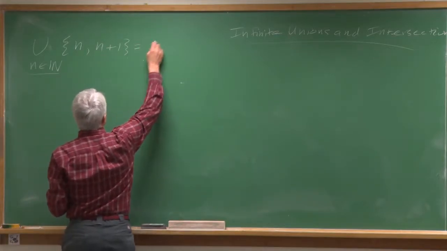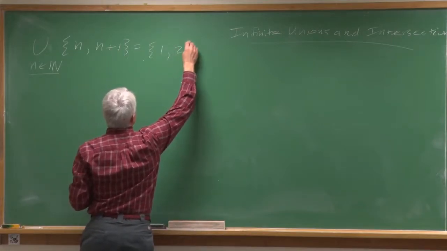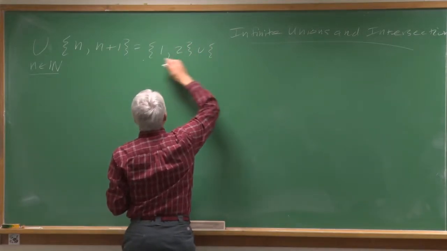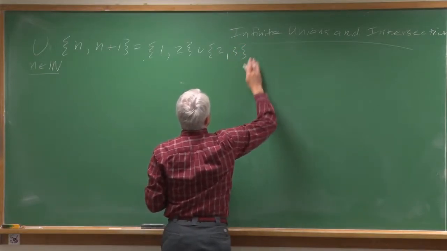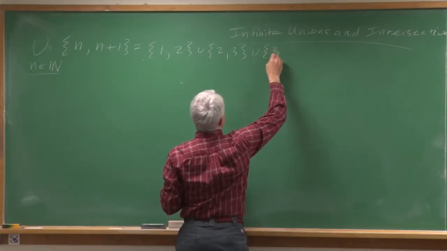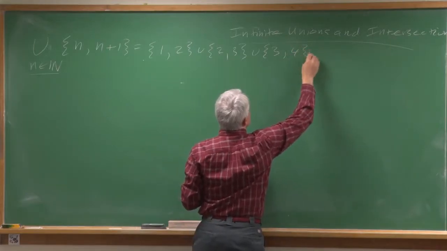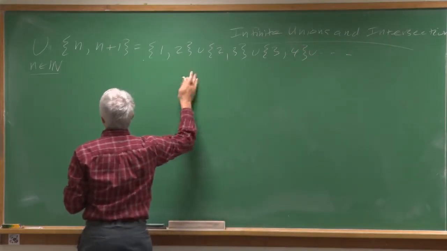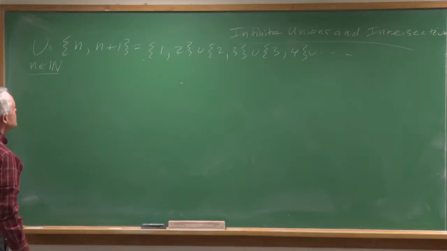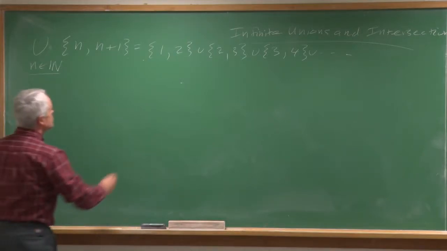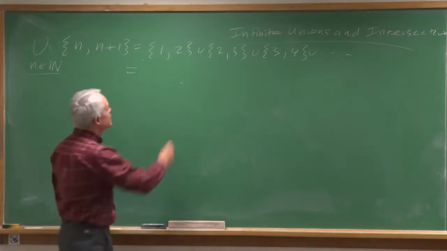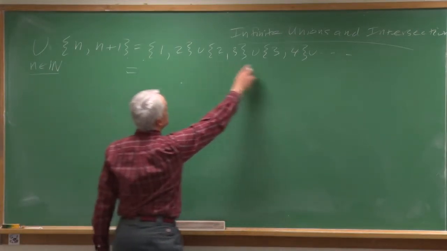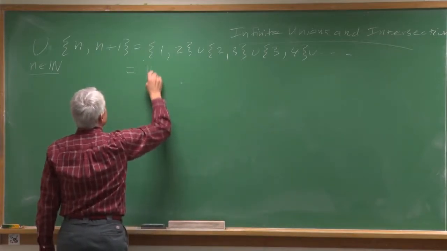So just to be clear, the first set has 1 and 2, the second set has 2 and 3, the third set has 3 and 4. What do you think the union of those is? It's going to be all the natural numbers. We've got 1, 2, 3, all of them are in there.